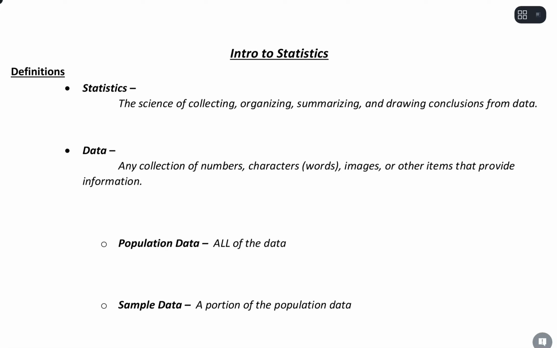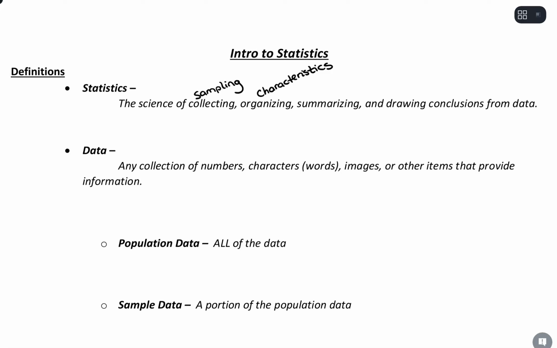So we're going to see each of these pieces come up in our course. In fact, this first piece, the science of collecting, we're going to be talking about this week when we're looking at sampling and different ways that we can sample data to collect that information. Organizing the data could be based on characteristics, numerical values, or things like that, which we'll talk about this week as well.